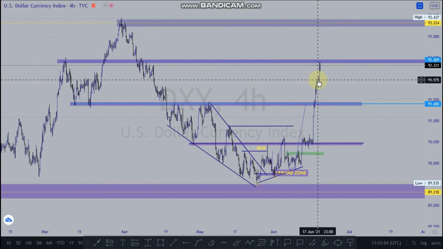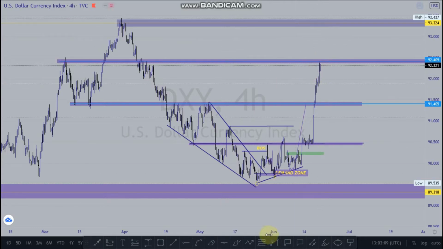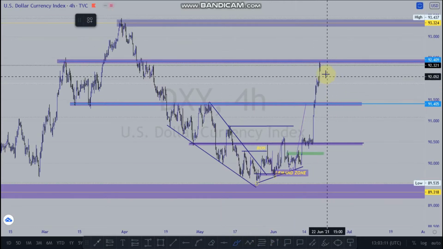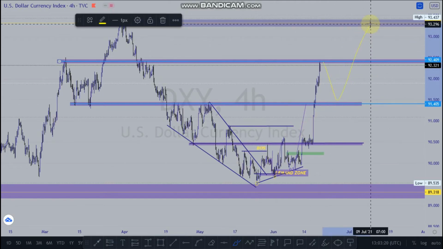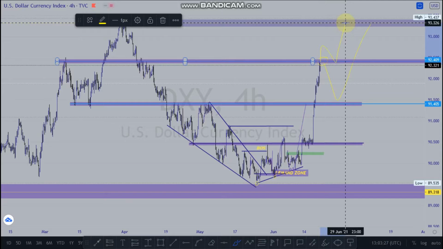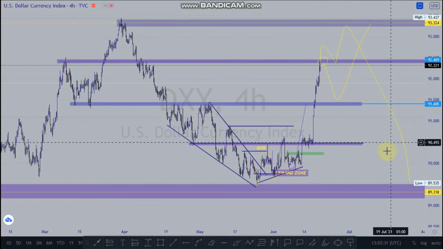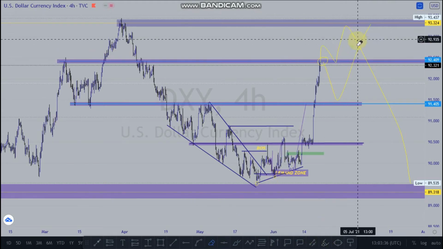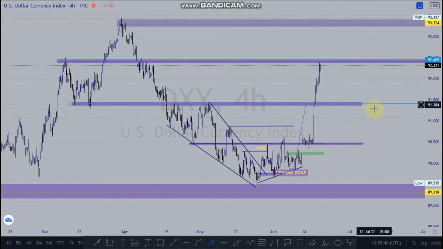It's either it retraces back to this region and continues going up, or we break this structure, come and test it, and then it reverses back. These are the two things I'm looking forward to the dollar doing right now.